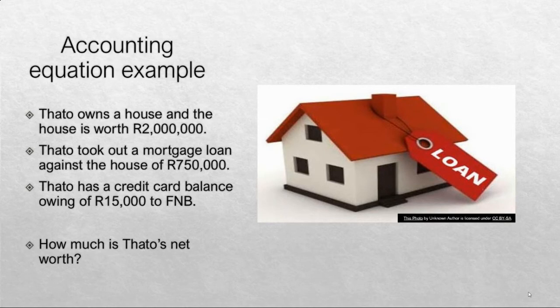Okay, who can tell me, a mortgage loan, is it a current or a non-current liability? Okay, so if we think about a mortgage loan, is it a current or a non-current liability? Okay, so I see all of you say it's non-current.